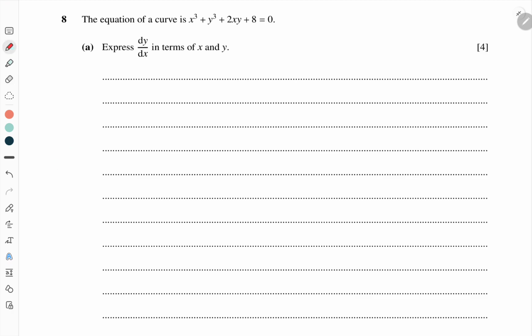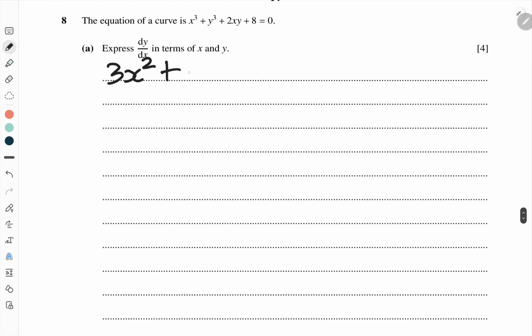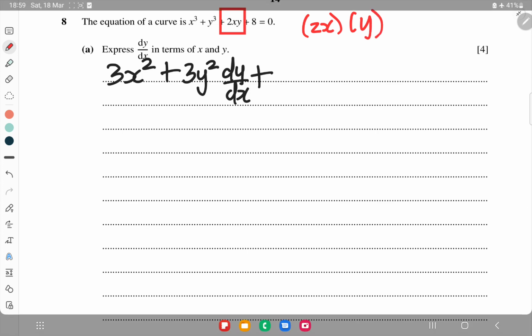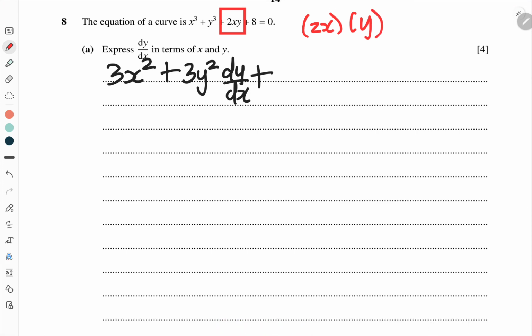So we start. We differentiate our x cubed, that will give us 3x squared. We differentiate our y cubed, that will be 3y squared, and of course the dy/dx is important. Plus, now we differentiate 2xy. 2xy is a product made up of 2x and a y, so we'll go u dv plus v du.